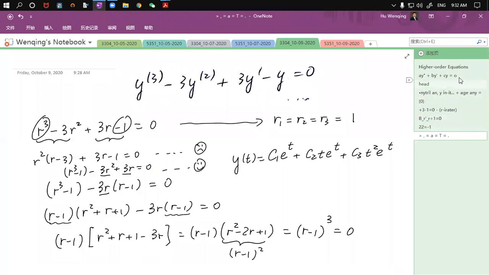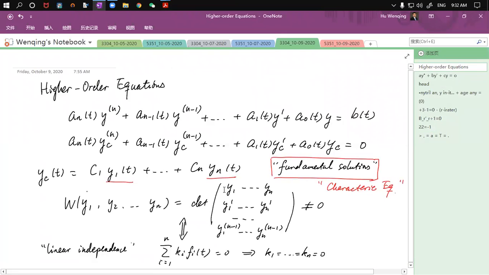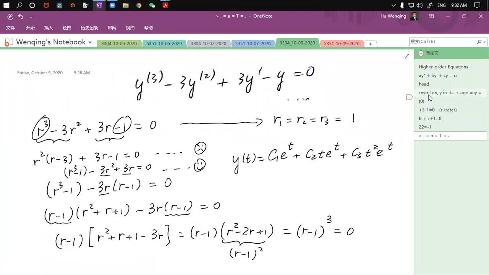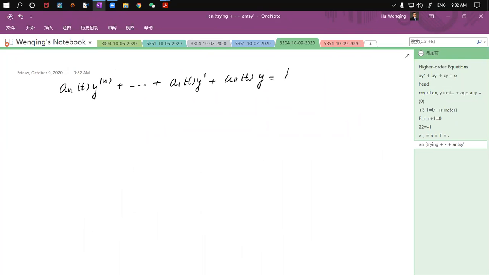Well, if you come back to the theory that we've been talking about in this lecture, if you have non-homogeneous equations, then the solution theory is going to be something like this. So if you have a_n(t) times the nth derivative of y plus dot dot dot plus a1(t) y prime plus a0(t) y is equal to b(t).